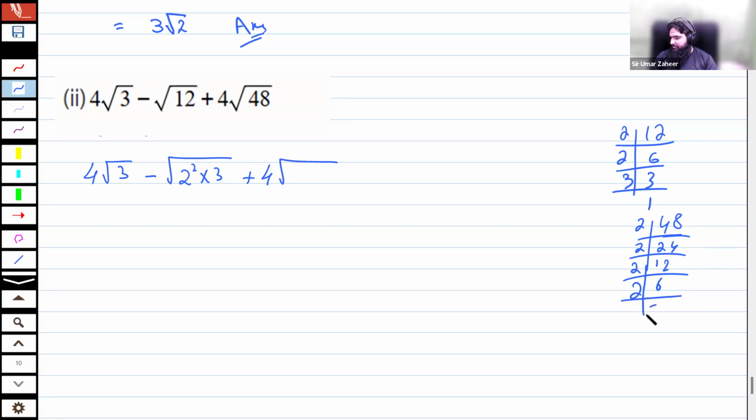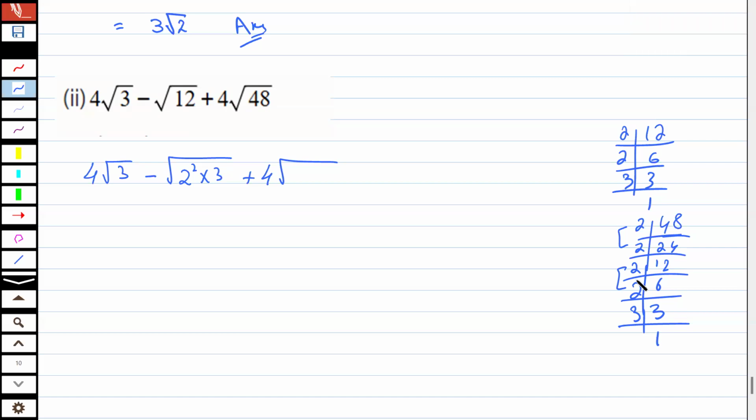Find the prime factors on your notebook. The prime factors of 48 are 2 to the power of 4 times 3. I'm just making pairs of 2, so 2 square into 2 square into 3.